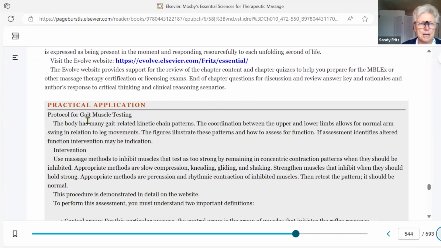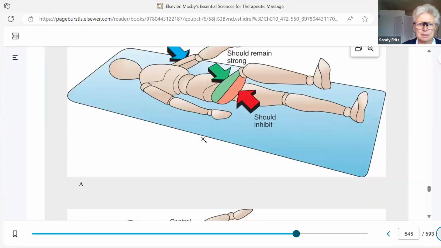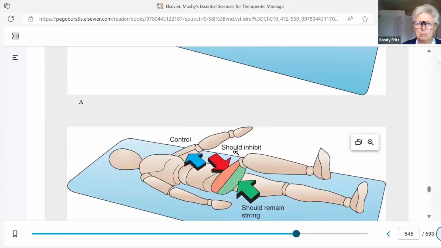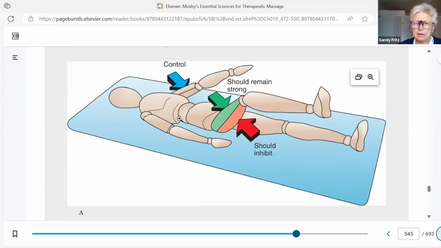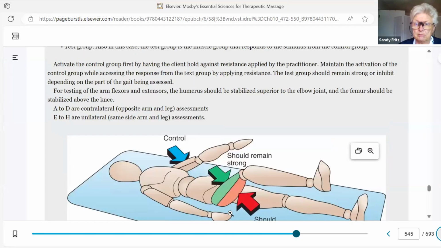We've got a protocol for gait muscle testing, and when we were talking about gait, how we were describing how opposite arms and legs are coordinated for counterbalance. The videos that go along with your fundamentals textbook also have this content.